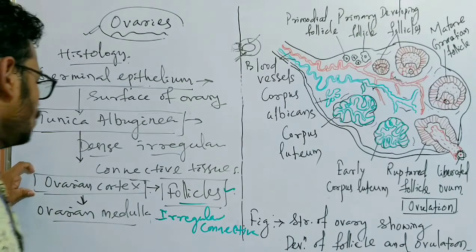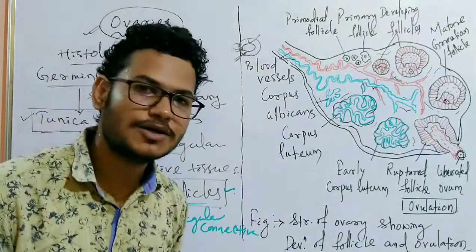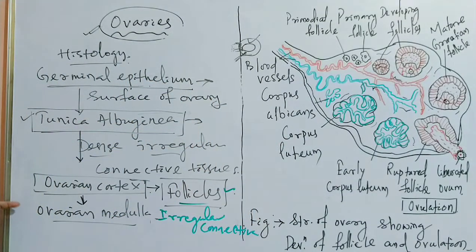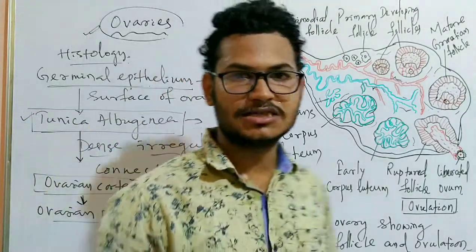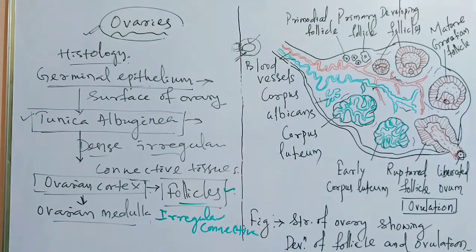Then in the ovarian cortex, we will find the follicles, which are again surrounded by irregular connective tissues. And finally the ovarian medulla, where we can find the blood vessels, the nerve supply, and the lymphatic vessels coming to this ovary.